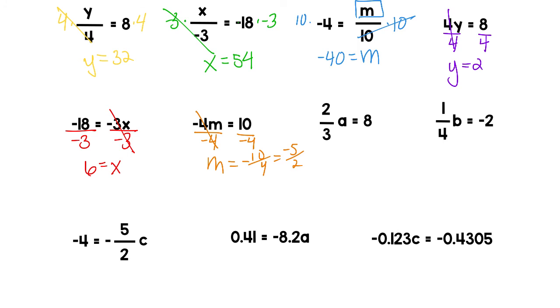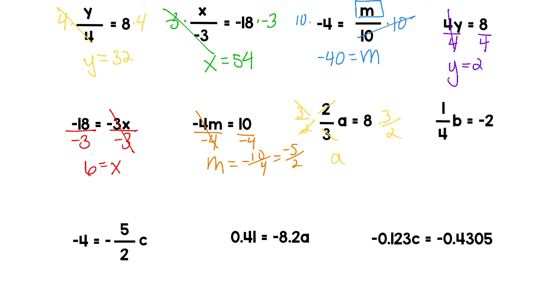2/3 times a. This is just like the first problem we did on this side. 2/3, I could divide, because it's really multiplying by a, but instead I'm going to multiply by the reciprocal. Better write it over here too before I forget. 3 over 3 cancels, 2 over 2 cancels.